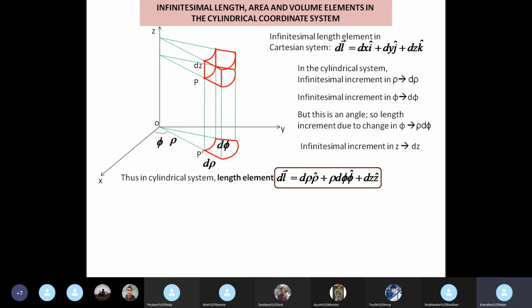Can all of you visualize this? The inner curved surface lies on a cylinder of radius rho, and the outer curved surface lies on a cylinder of radius rho plus d rho. Can you visualize the two cylinders which I have got by infinitesimally increasing the radius?